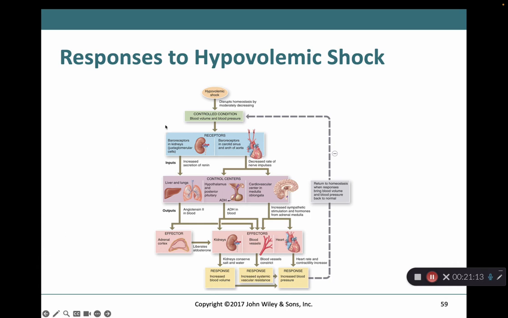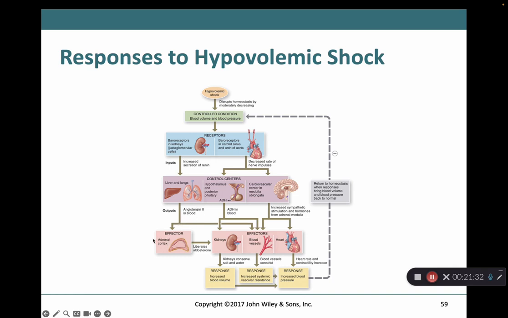So when we have a decrease in blood volume and blood pressure, the baroreceptors in the kidney will increase secretion of renin. This acts on the liver and lungs to get angiotensin II into the blood.